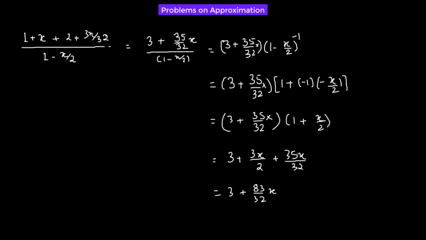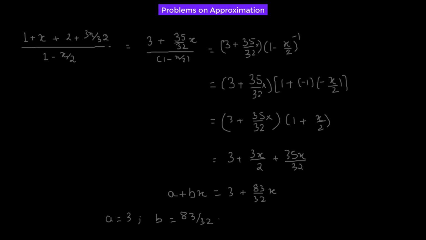Now it is given in the question that this is equivalent to a plus bx. So comparing both sides, we get a is equal to 3 and b is equal to 83 over 32. That is the answer. Let's move on to the next question.